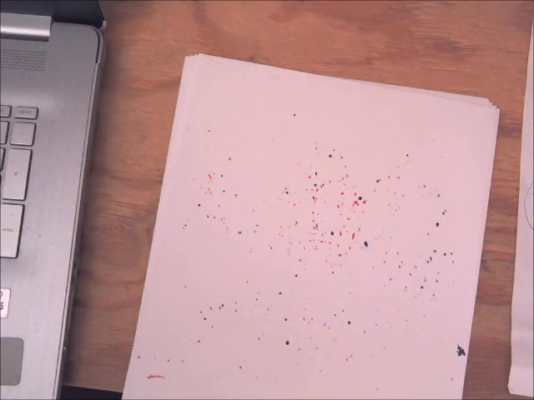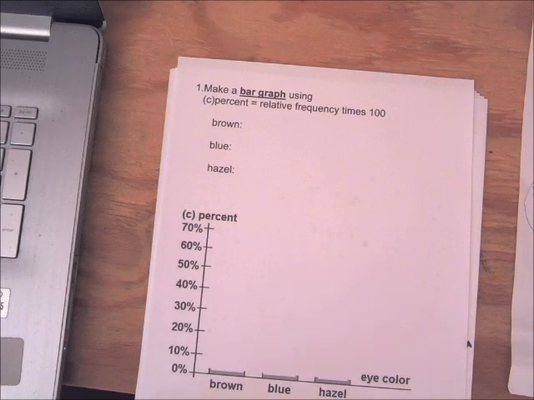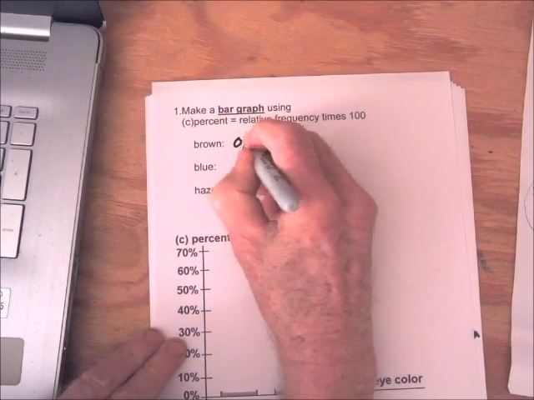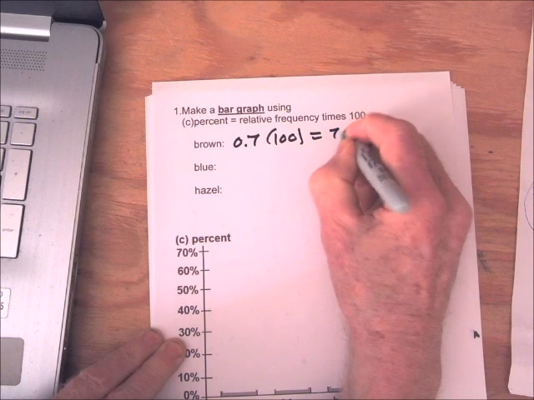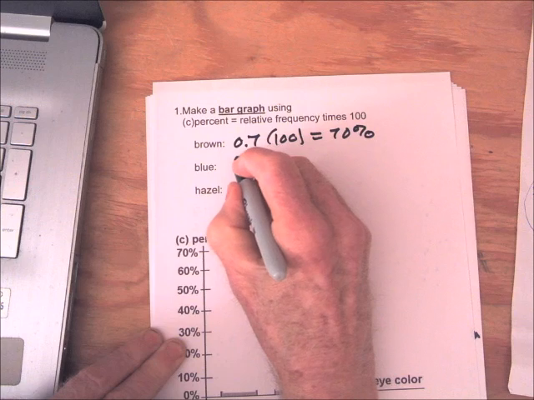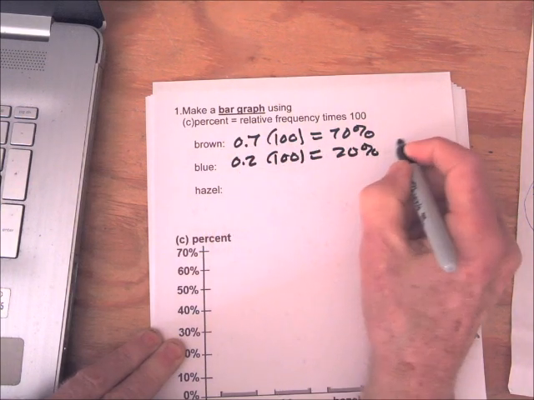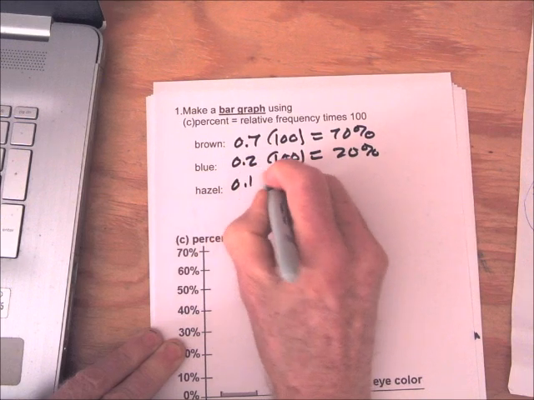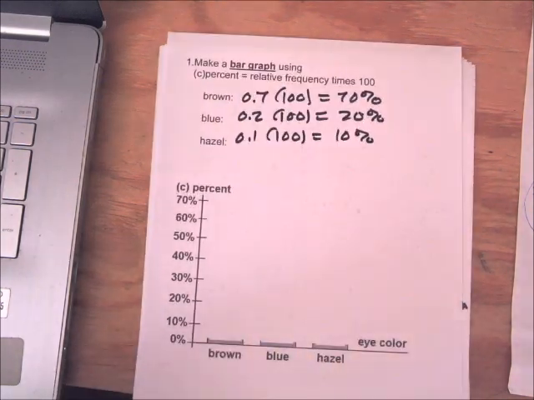We could also do percentages. The brown eyes as a decimal is 0.7. If we make it into a percent, multiply by 100 or move the decimal point over, that would be 70% of the babies had brown eyes. 0.2 times 100, 20% had blue eyes. 0.1 times 100, 10% had hazel eyes.